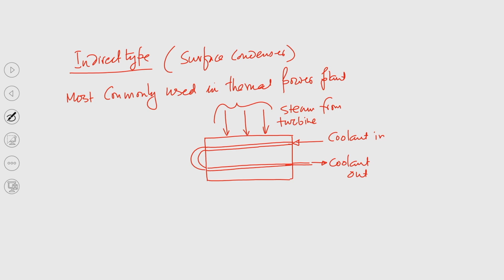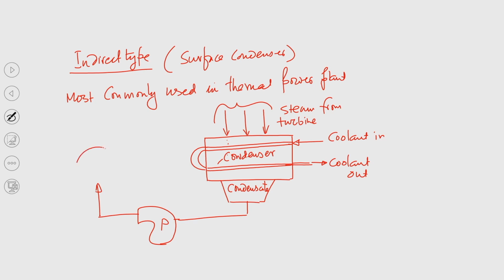Steam will flow over the tubes and the condensate will be collected and pumped back to the boiler. Okay. So, this is condensate and this is the condenser. This is the pump and it will go to the boiler. So, this is the indirect type.